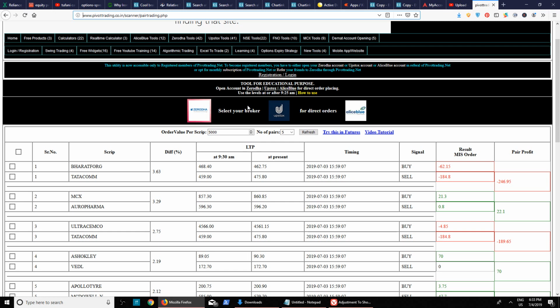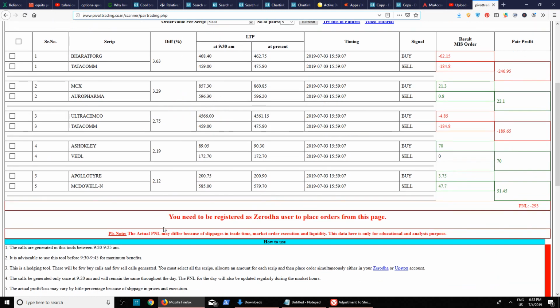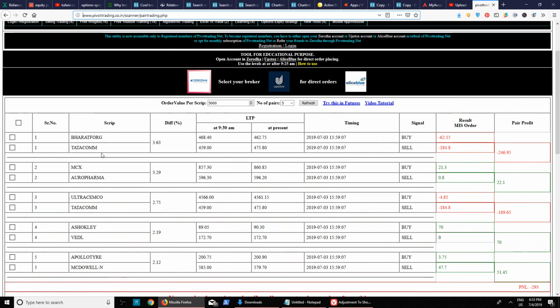Today is 4th of July 2019, and from this link, these were the stocks which were selected. Please understand that this could differ every day. It doesn't mean that these pairs work the same way, and there is a separate logic altogether. So let's take an example and go for it.